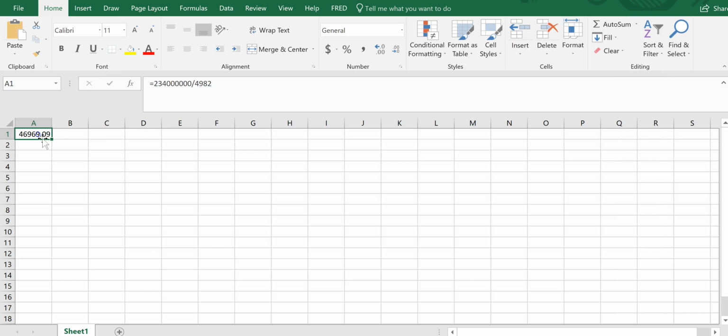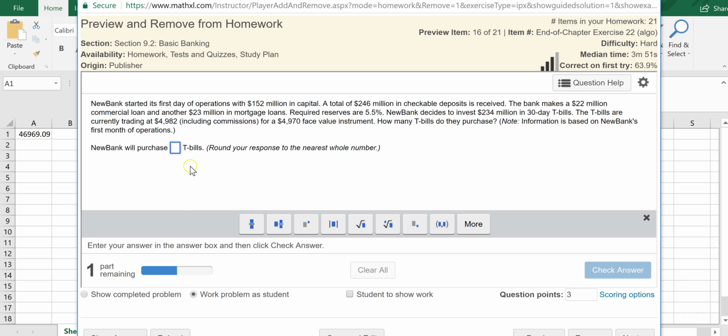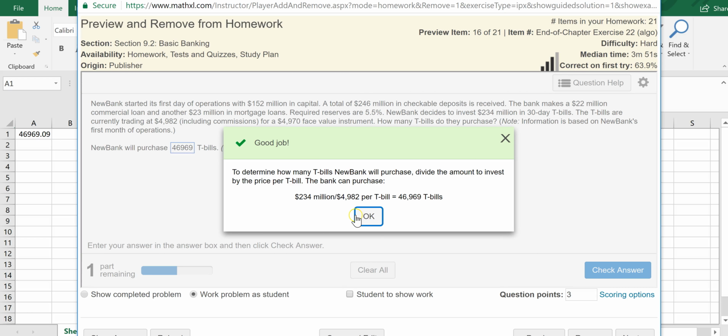So this will give me a number 46,969. Here, obviously, I believe the rounding should be to the whole number because this is the number of T-bills, so you cannot have a fractional number, right? So that gives me 46,966. So check my answer. Good job.